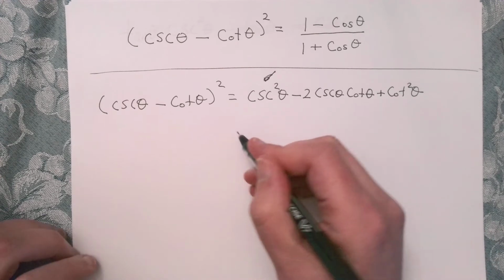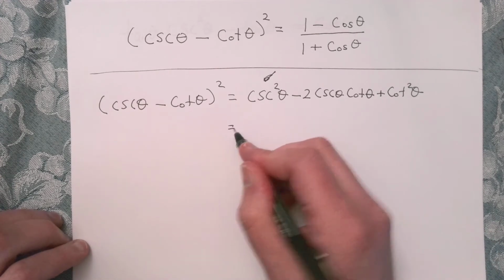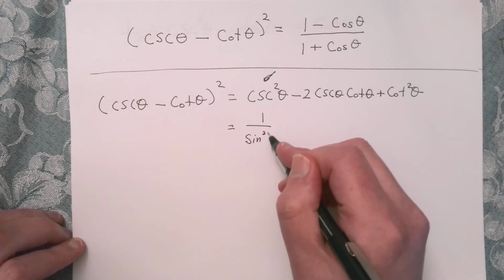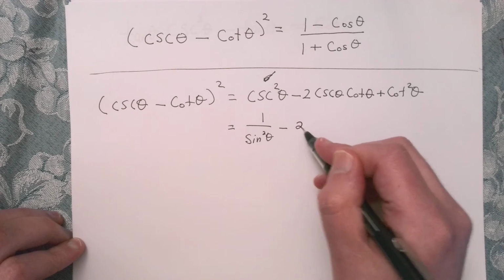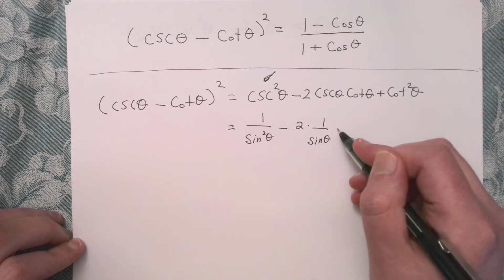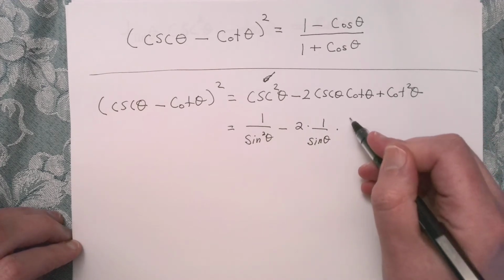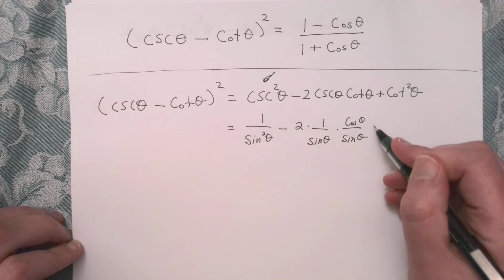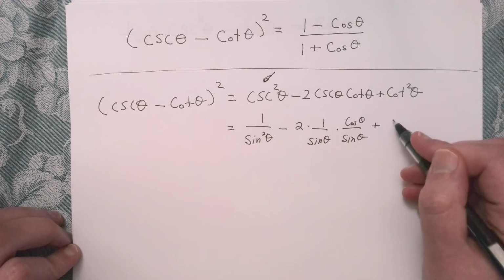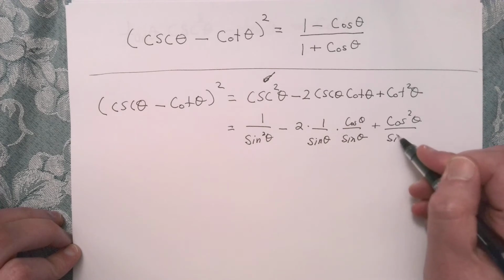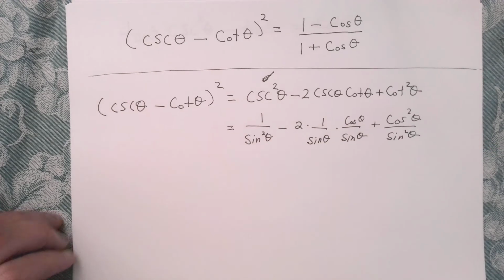Okay, let's turn things into sines and cosines then. Right? Let's do that. So that's 1 over sine squared of theta minus 2 times 1 over sine of theta, and then cotangent is cosine of theta over sine of theta. And then cotangent squared is cosine squared of theta over sine squared of theta.